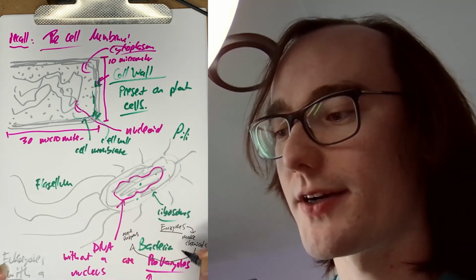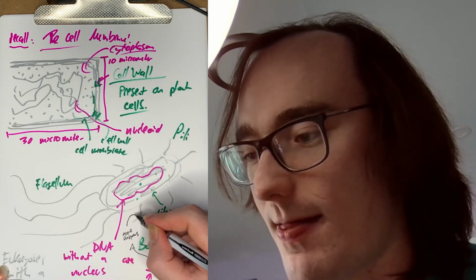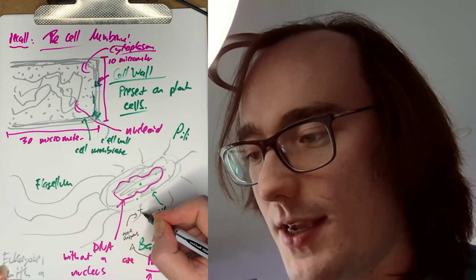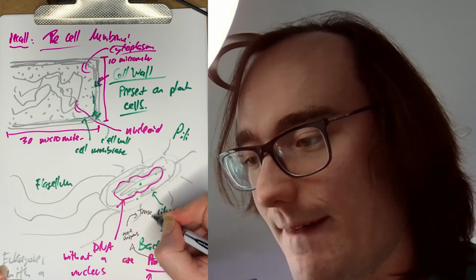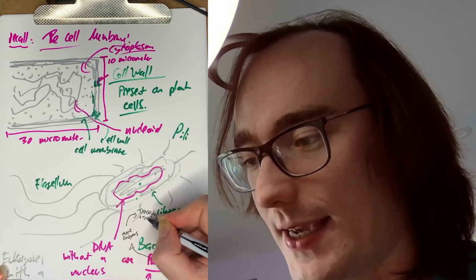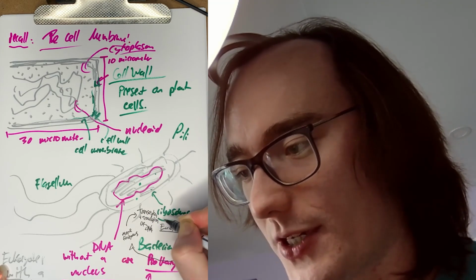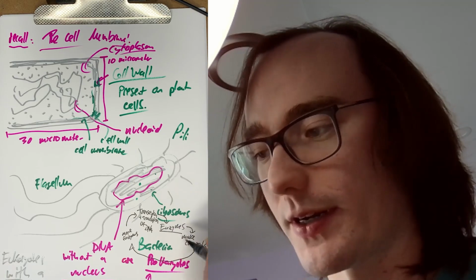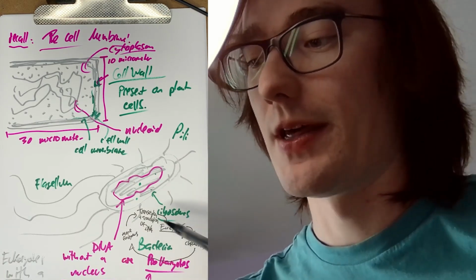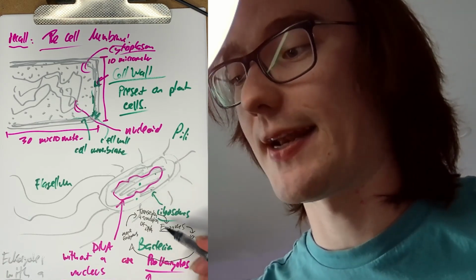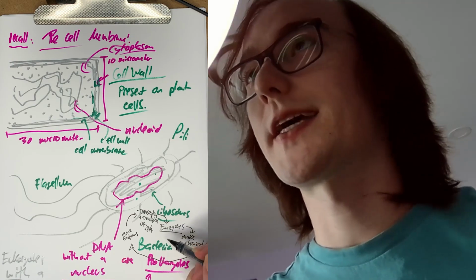But this requires a very particular process, which is called the transcription and translation of DNA. And I know this is all very small right now, but this is super important. We're going to come back to it and do it all in detail, right? So the transcription and translation of DNA allows more enzymes to be created.